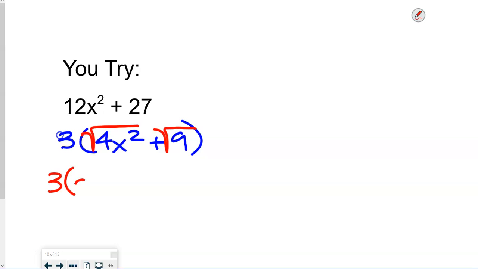Then this is going to be 2x, 2x. Then we've got a 3 and a 3, right? Because the square root of 9 is 3. We're going to put our plus and our minus here. And recall again, because there's a plus sign right here, we're going to put an i and an i. So that is 12x squared plus 27 factored completely.